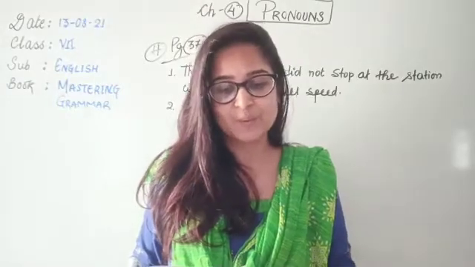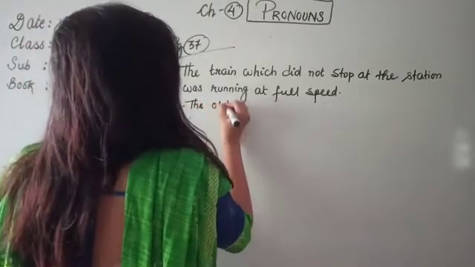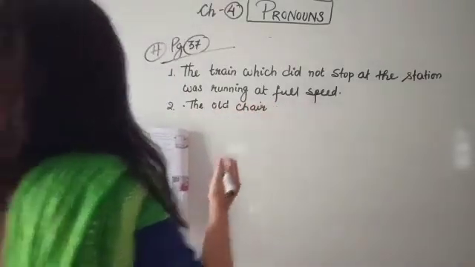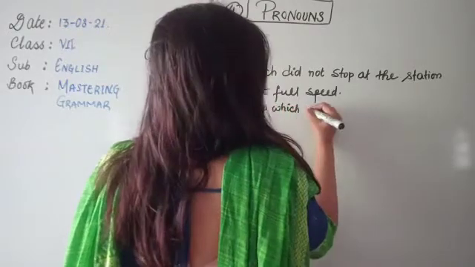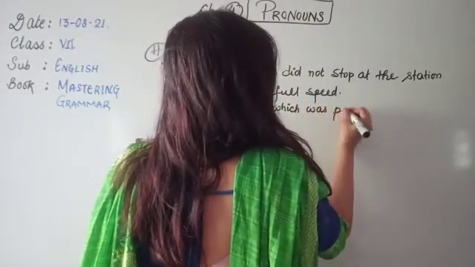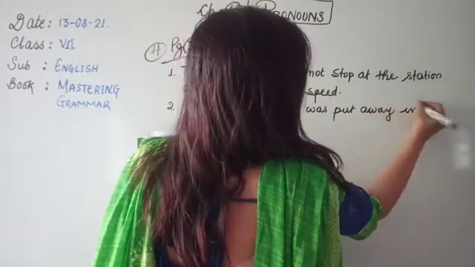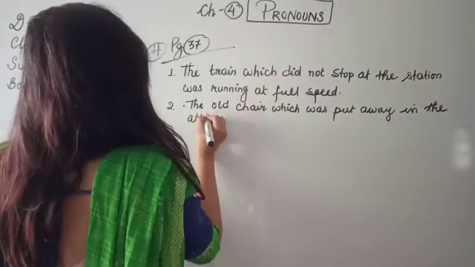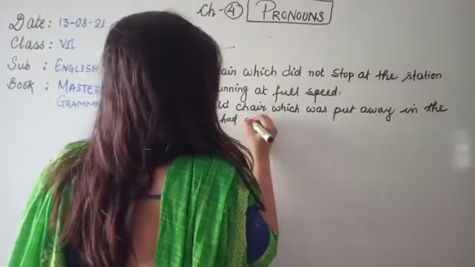The old chair was put away in the attic which had a broken leg. I am talking about the old chair, so the relative pronoun has to be really close to this antecedent. The old chair, which had a broken leg, was put away in the attic.